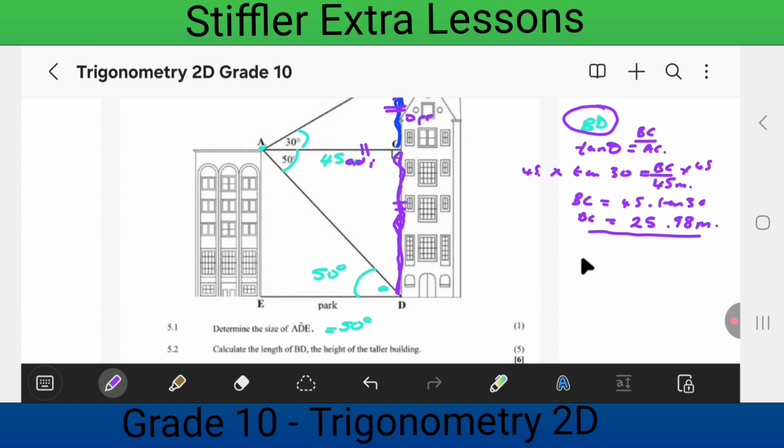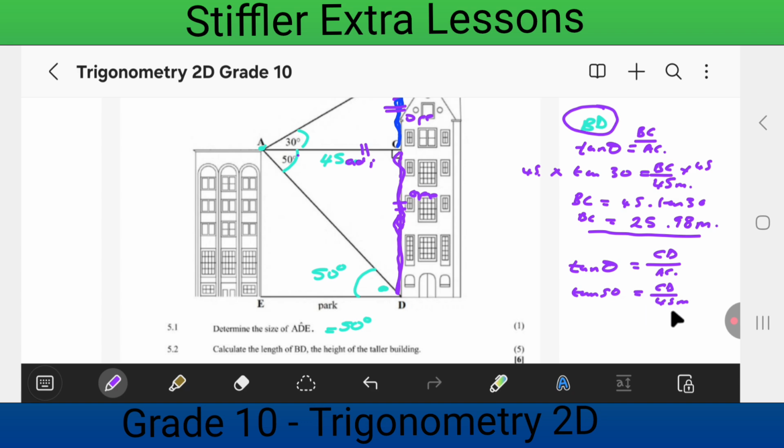Again, this is our angle there, this is our opposite, and this is our adjacent, so we can use tan theta as well. Tan of 50 equals CD over AC, which is 45 meters.